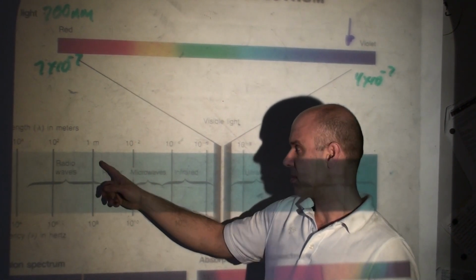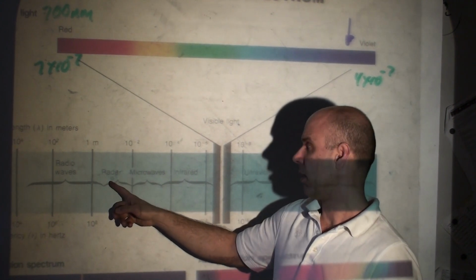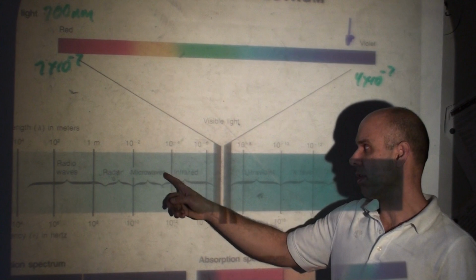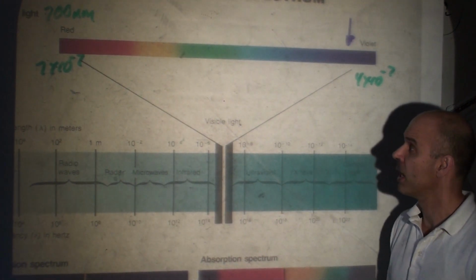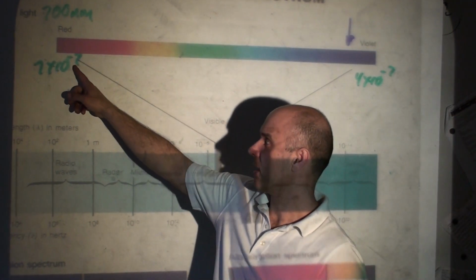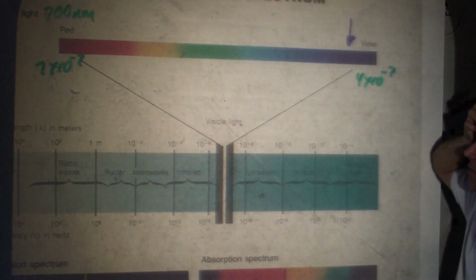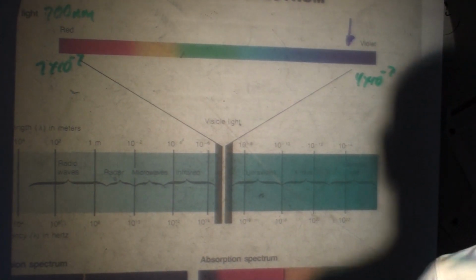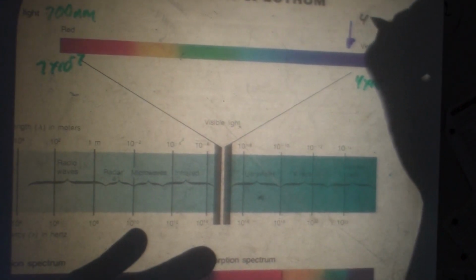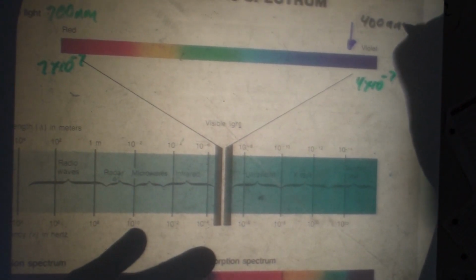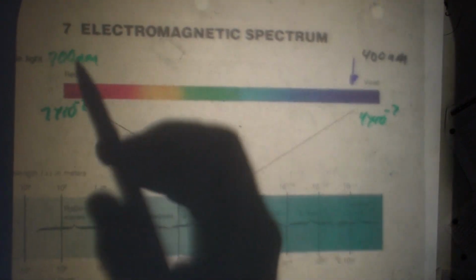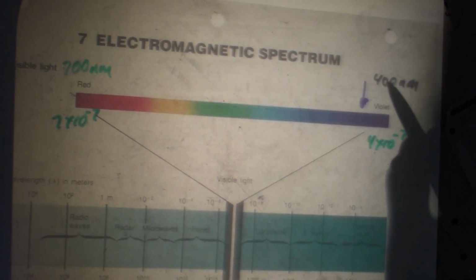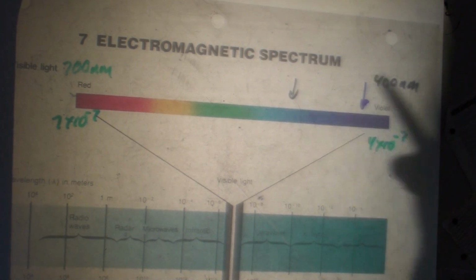If your wavelength is about 1 meter, radar. If your wavelength is between 100th and 1,000th, microwaves. And if your wavelength is to the negative 7th, then you're looking at visible light. And in particular, 400 nanometers to 700 nanometers. And if we're at 489, that puts us right about there.